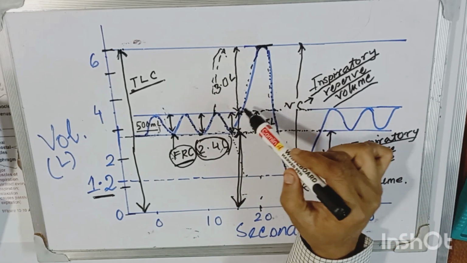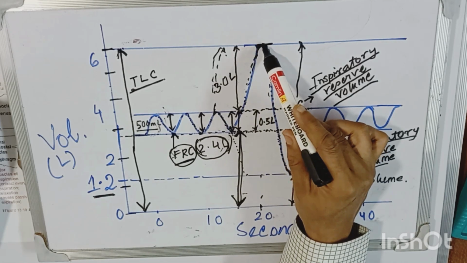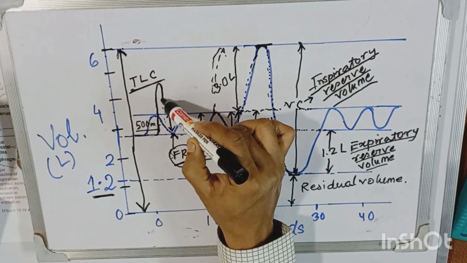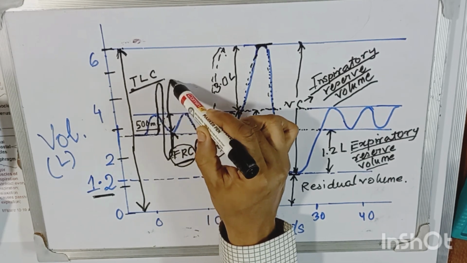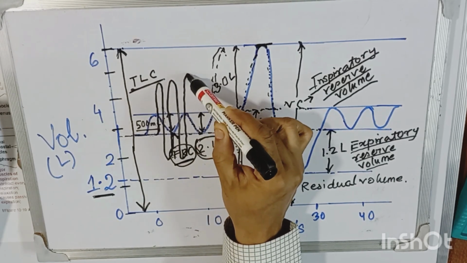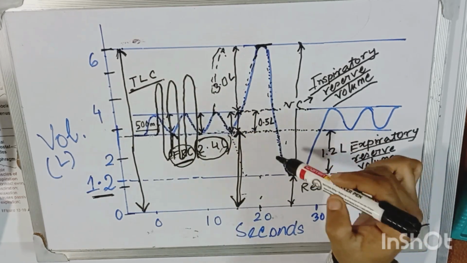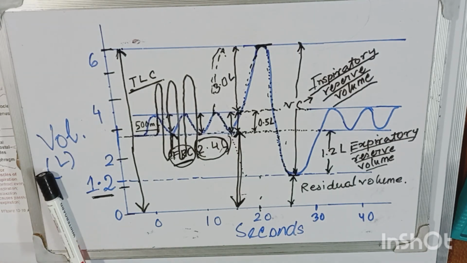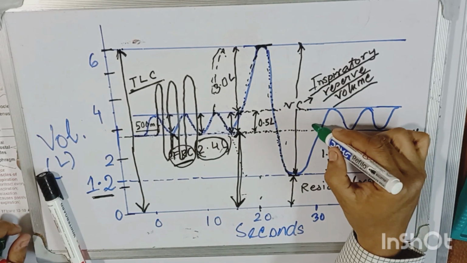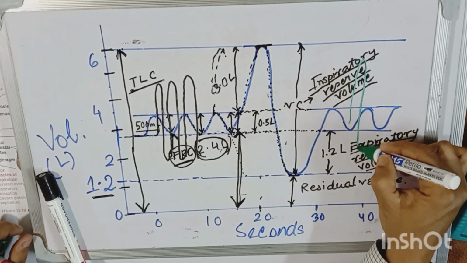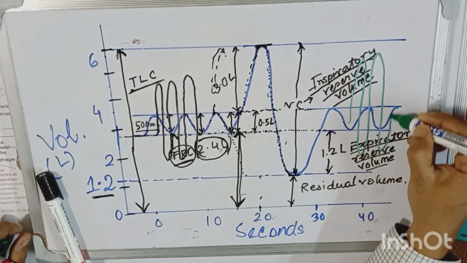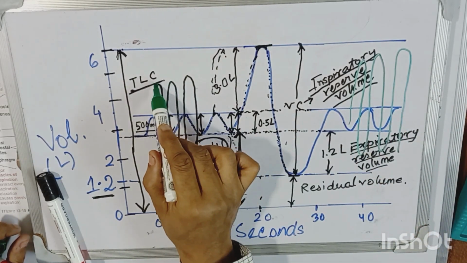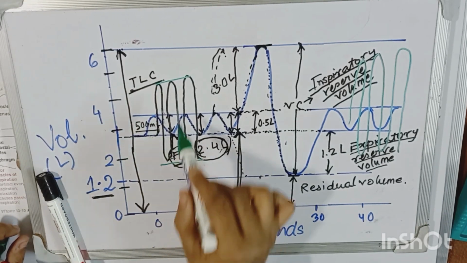It's not mandatory that you continually take in this 3 liters. Your respiration can be like this, it can be like this. So this is an increase in depth of respiration.